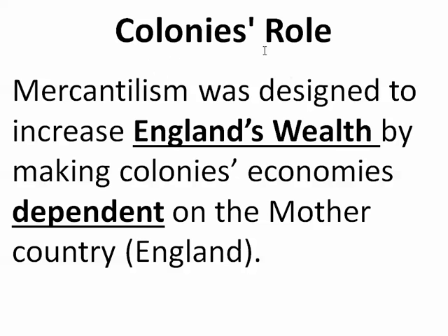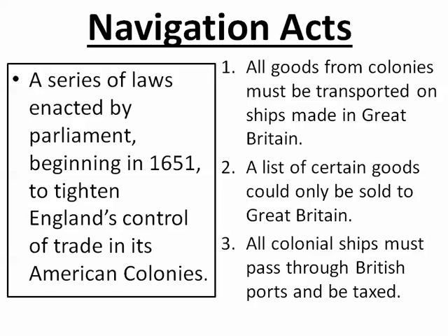Not the whole theory, but that's basically the general purpose of England having colonies to begin with. Now, how did England try to protect all of its goods coming out of the colonies? Because you know the Dutch were established in New York until they ran them out and took over their area. We see that King Charles II and even Oliver Cromwell tried to protect mercantilistic goods through establishing the Navigation Acts.